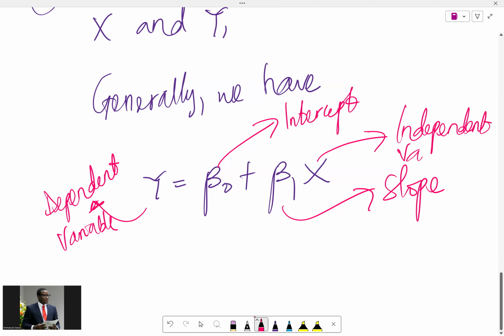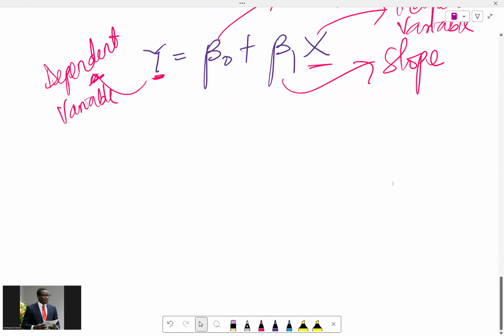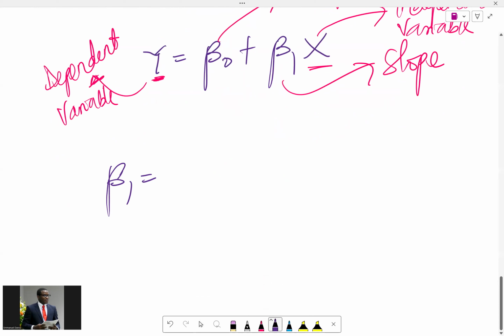Okay, like that. So we have the values given in the table, the values of x and y. So we want to use that to get an equation like this. And the way to go about that is this: beta one has an expression, and it is simply this.